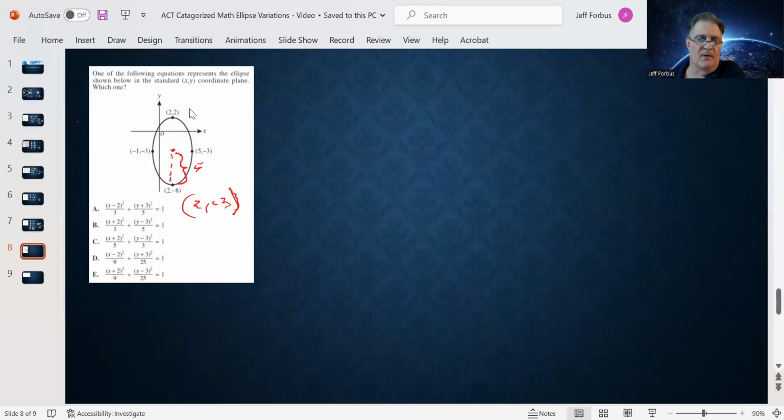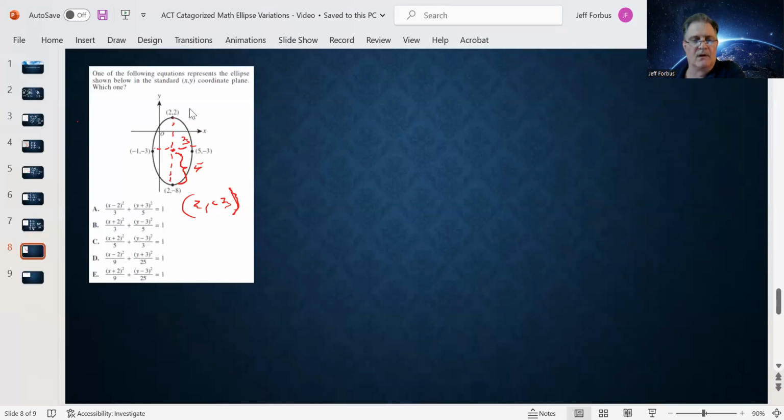And notice we need to go up to a 2. So we're going to go 5 units from -3 up to 2. Okay. So with that being said, and one other thing, we know we're going over to -1 and then 5 from the center. So that's going to give us a distance of 3.